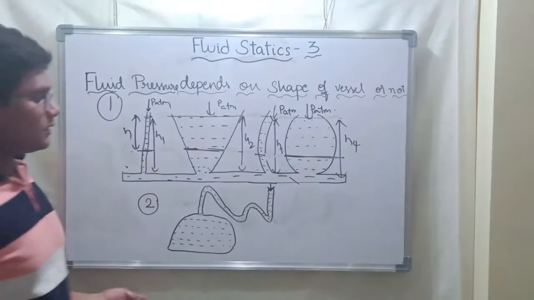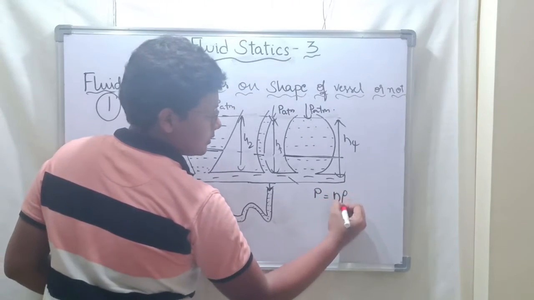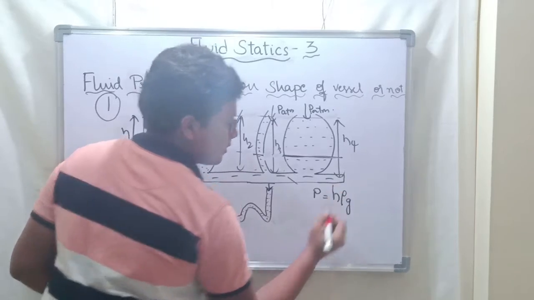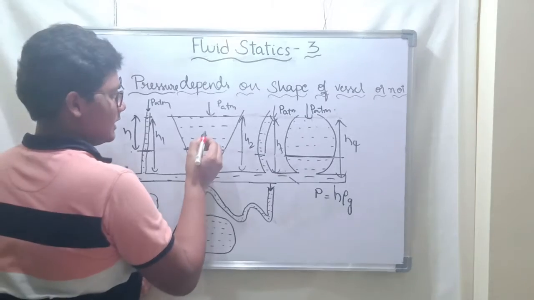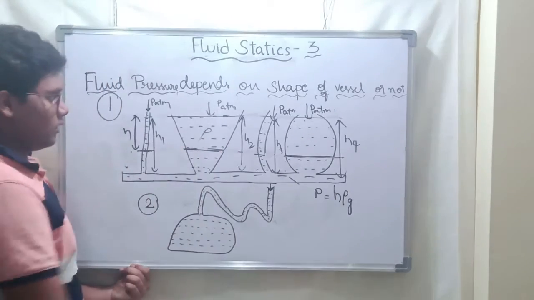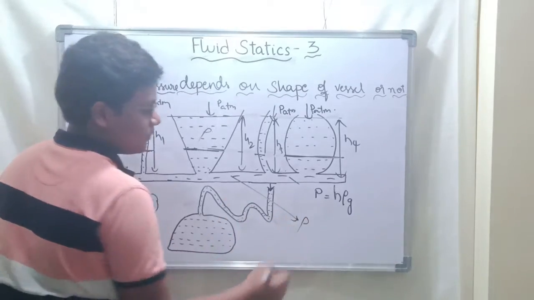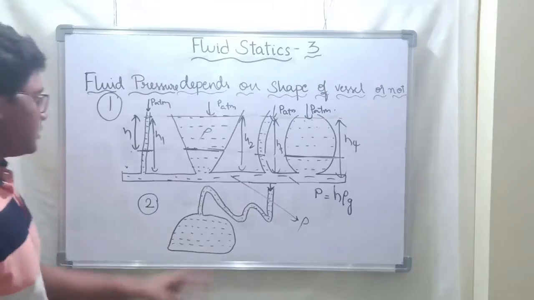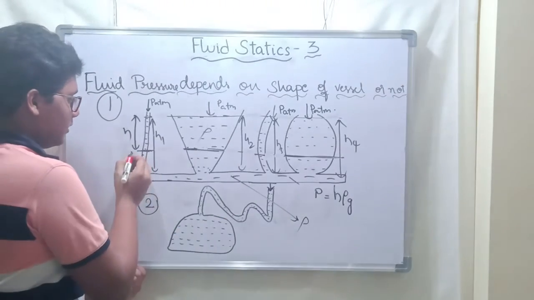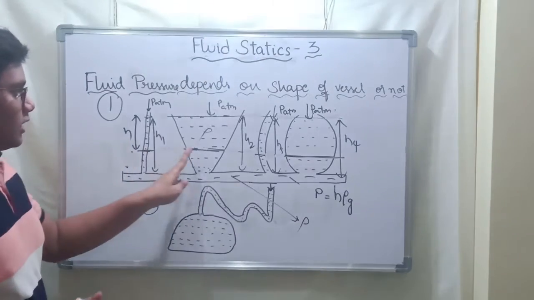We already learned that P is equal to H rho g. See, pressure is equal to H rho g. We will take this liquid's density as rho. Here pressure is equal to H rho g. We got that formula, so at the same level all these will be equal.